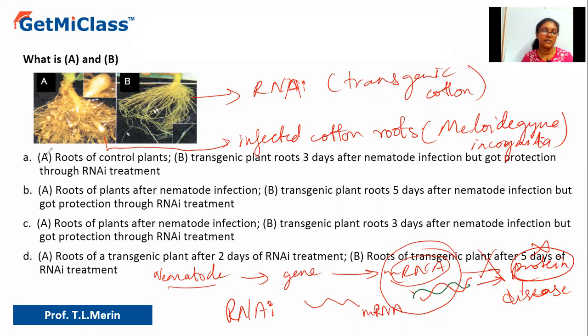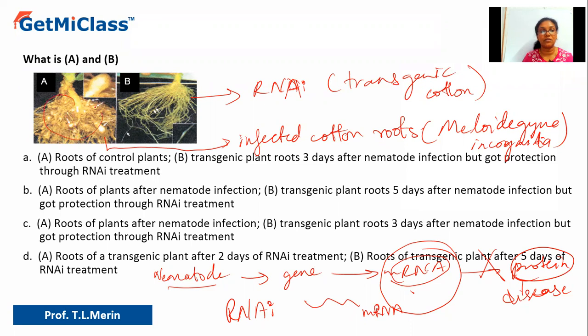So let us see the options. Option A says the first one is roots of control plant, and B is a transgenic plant roots 3 days after nematode infection, but got protection through RNAi method. But according to our explanation, the first plant is an infected plant.